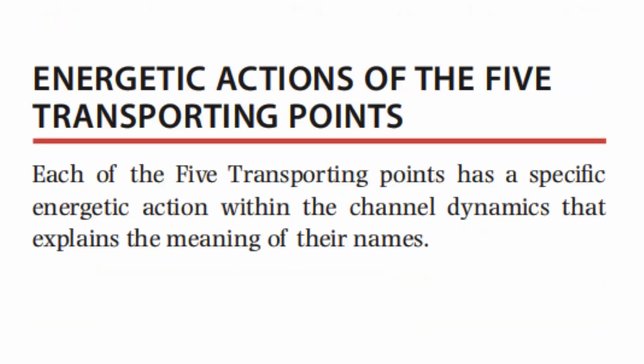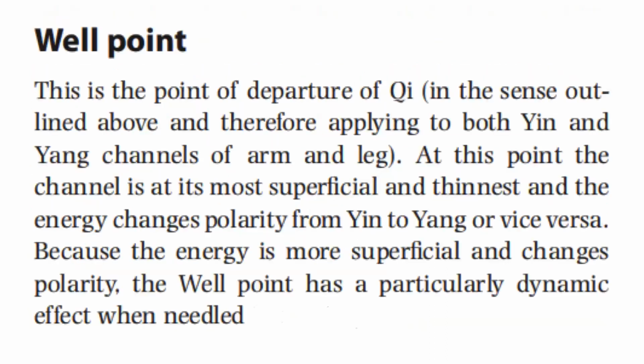The energetic actions of the 5 transporting points: each of the 5 transporting points has a specific energetic action within the channel dynamics that explains the meaning of their names. Well point: this is the point of departure of Qi in the sense outlined above, and therefore applies to both yin and yang channels of arms and legs. At this point, the channel is at its most superficial and thinnest, and the energy changes polarity from yin to yang or vice versa.